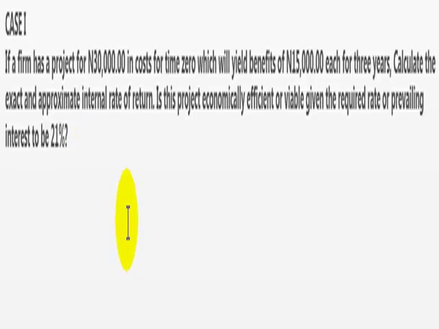Now, this is a particular financial problem. Is this project economically viable or efficient given the required rate or prevailing interest rate of 21%? We are asked if this project is viable, and if it is advisable for the firm to invest in this particular project. We'll do more of this when we treat project analysis and evaluation.